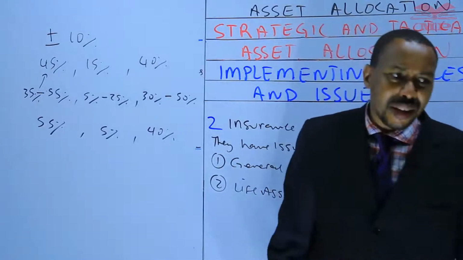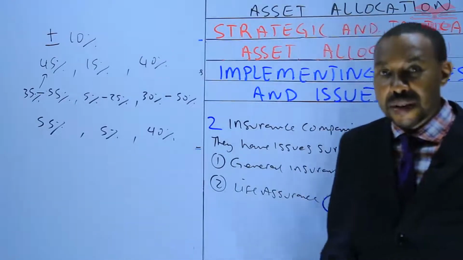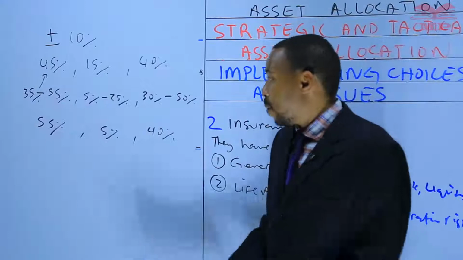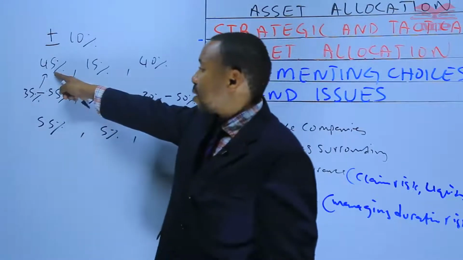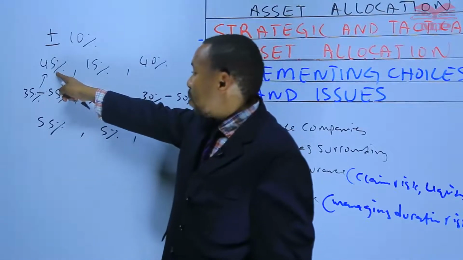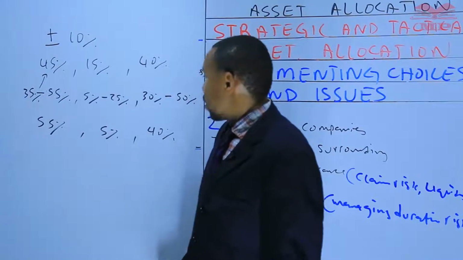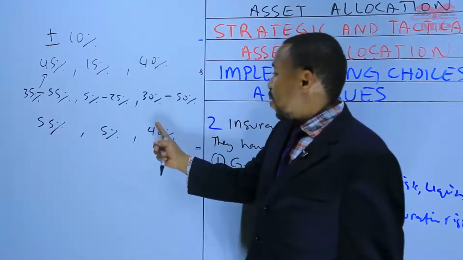So we're also saying that William expects that the US market is going to outperform. So he decides to increase the allocation from here to over here. Here is expected to remain the same.